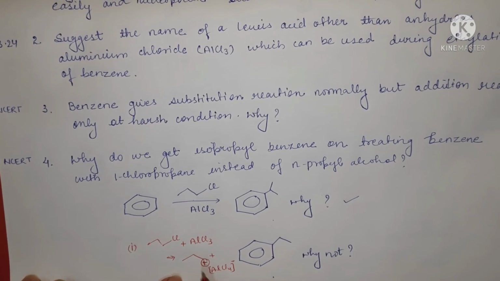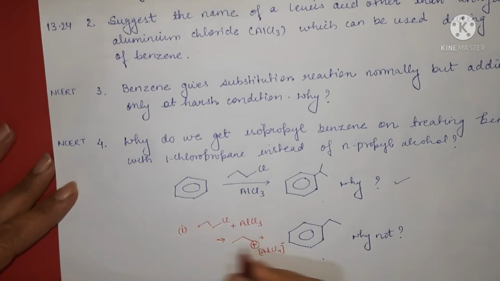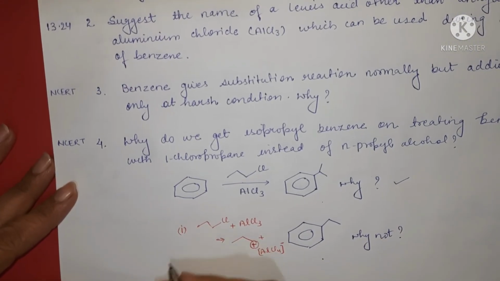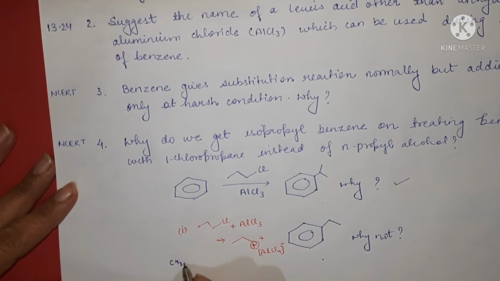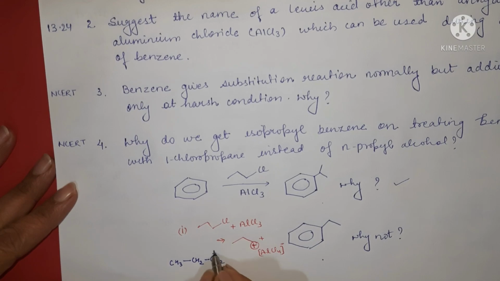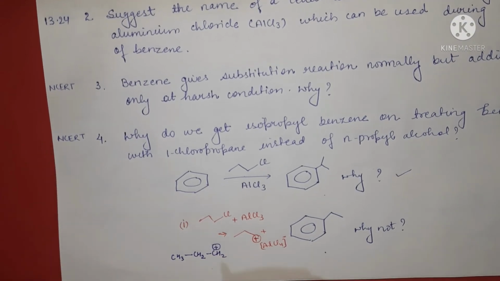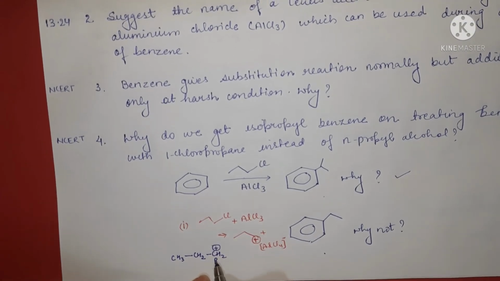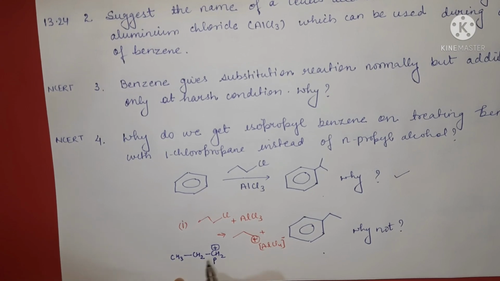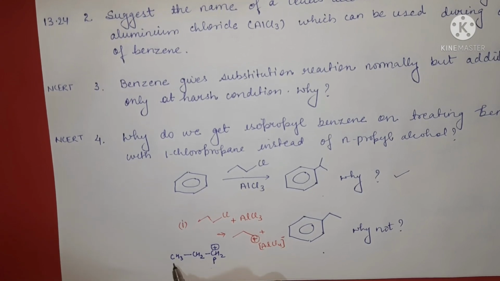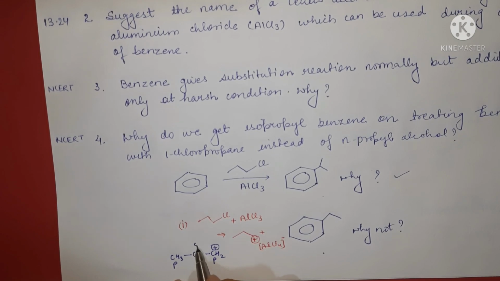And I will write it like this, CH3CH2CH2 positive. In one of my videos I told you that this is a primary carbon because it is attached to one carbon. This is also a primary carbon and this is a secondary carbon.